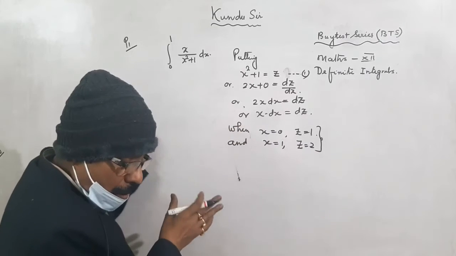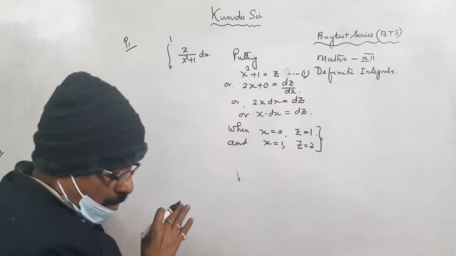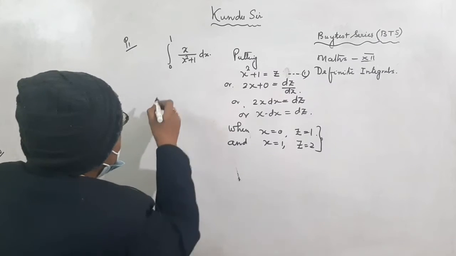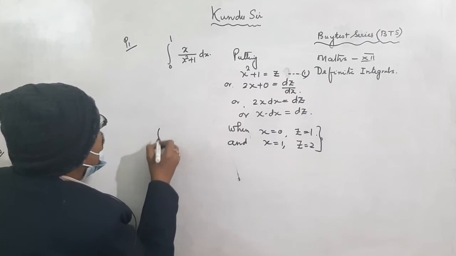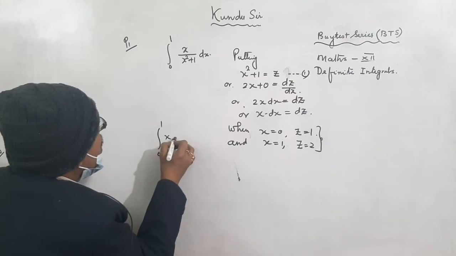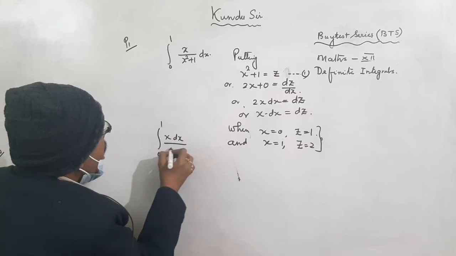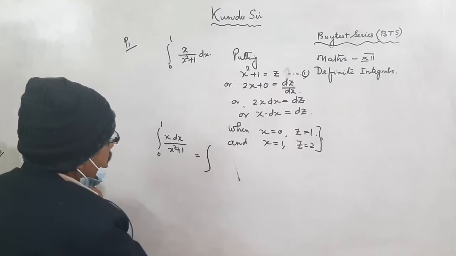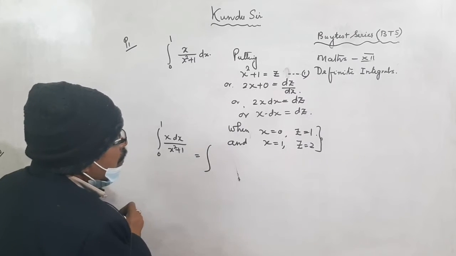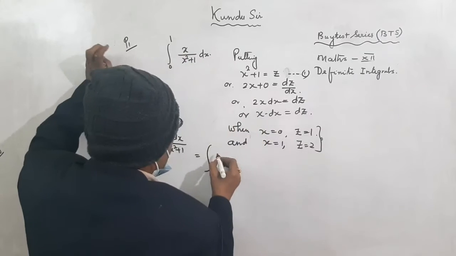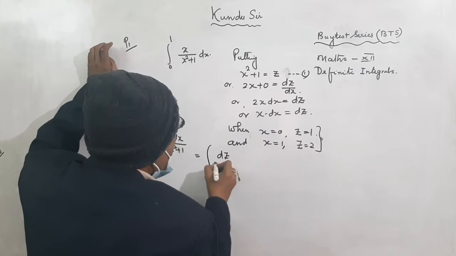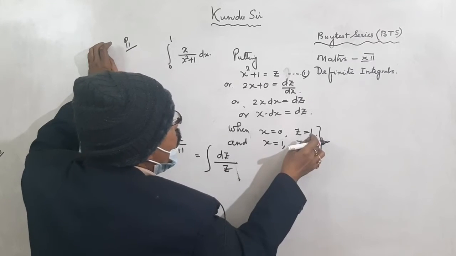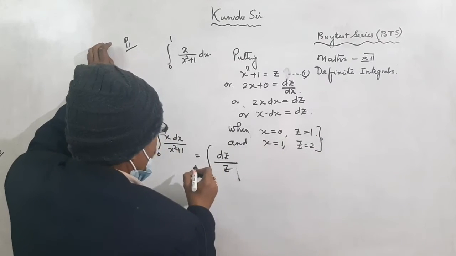So according to our substitution, we are changing the integral, which is equal to the integral from 0 to 1 of x dx upon x square plus 1. It can be written as x dx equal to dz by 2, and x square plus 1 equal to z, with limit 1 to 2.